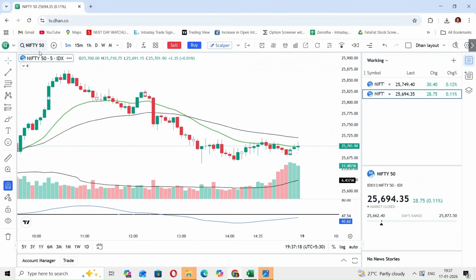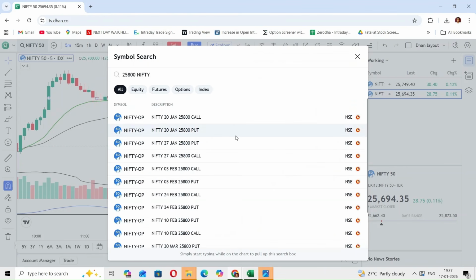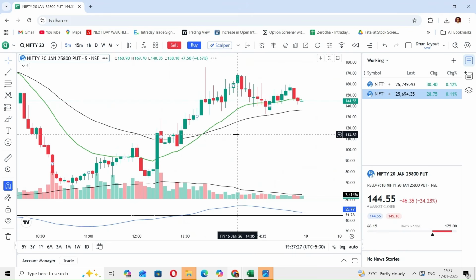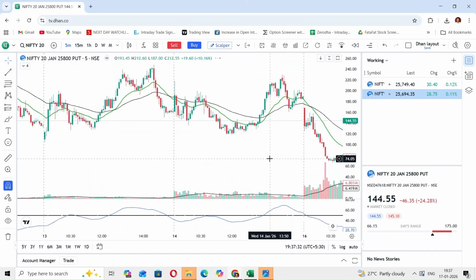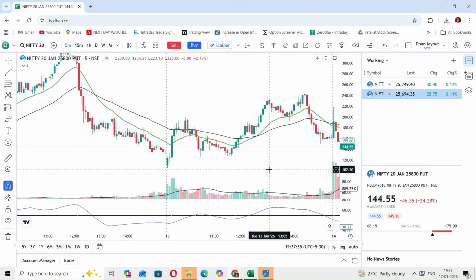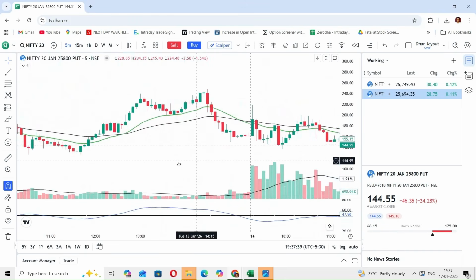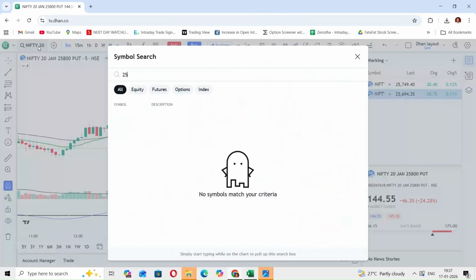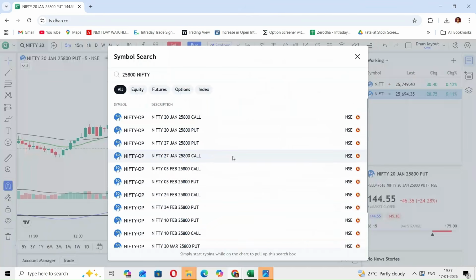Suppose I go at 25,800. Yes, I will go on the 25,800 Nifty call chart. One second. Nifty call.